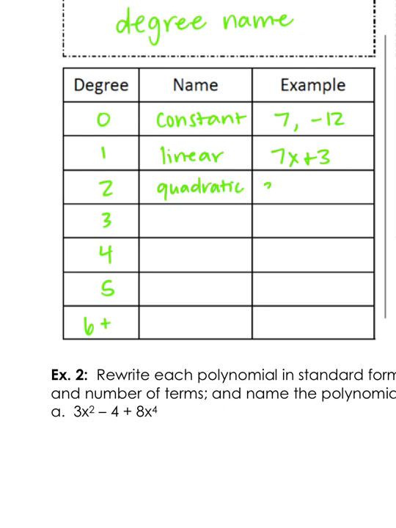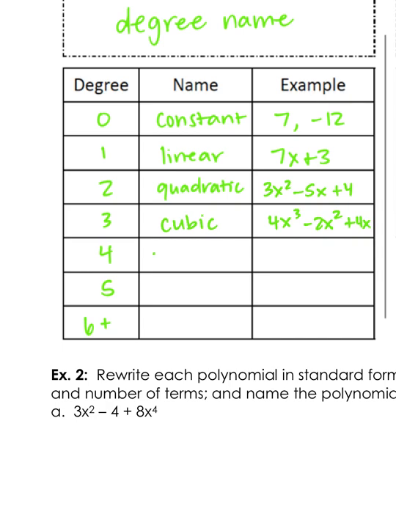Typically, we see that as something like 3x squared minus 5x plus 4. All right, 3, we don't usually talk about these. 3 is a cubic function. Think about you're cubing something. So 4x cubed minus 2x squared plus 4x would be a cubic function.